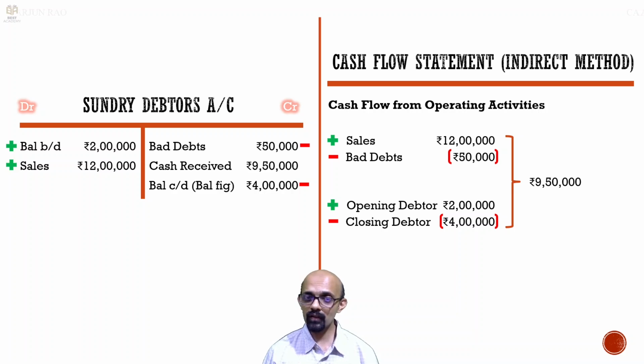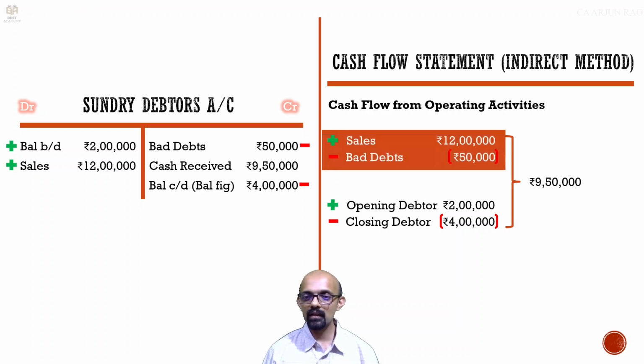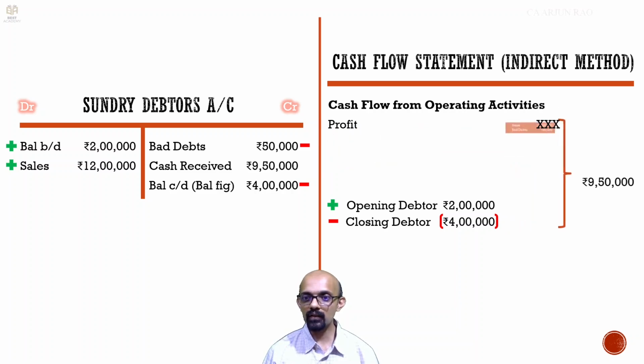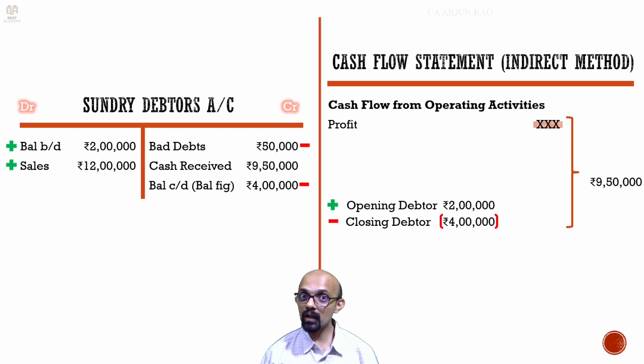Now of course, we are not actually going to write sales and bad debts as line items in the cash flow statement. They are included in the figure of profit, right? It is already there in that figure of profit. So by writing profit, you have already included sales and bad debts. Do you want to remove bad debts because it's a non-cash expense?